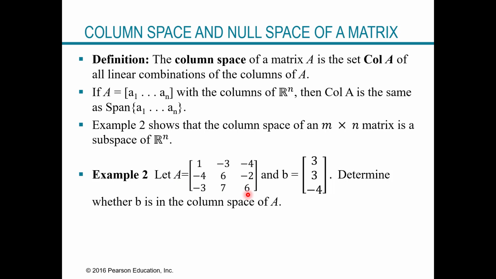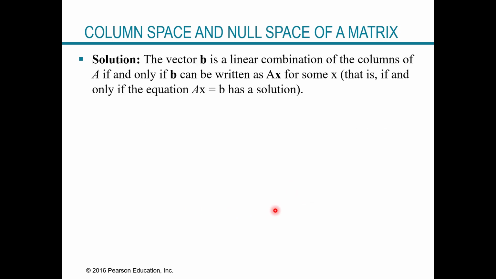So here's our example. Matrix A is this 3 by 3, and we have a vector b. What we want to know is: is this vector b in the column space of A? Here's how we solve this. The vector b is a linear combination of the columns of A if and only if it can be written as A times x for some vector x.